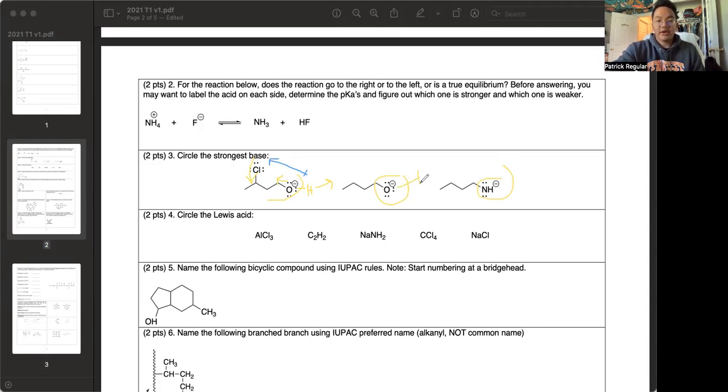So that hydrogen left a lot easier than this one. So this is a stronger acid than this. If this has the stronger acid, it has the weaker conjugate base. And if this is the weaker acid, it has the stronger conjugate base. So the correct answer is this one.